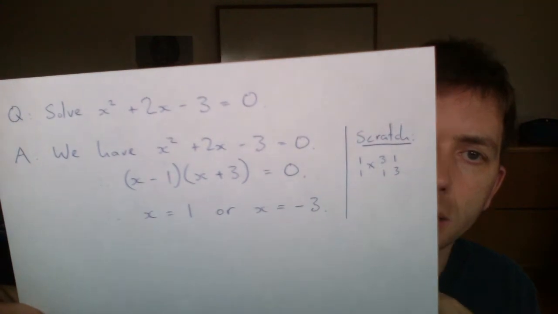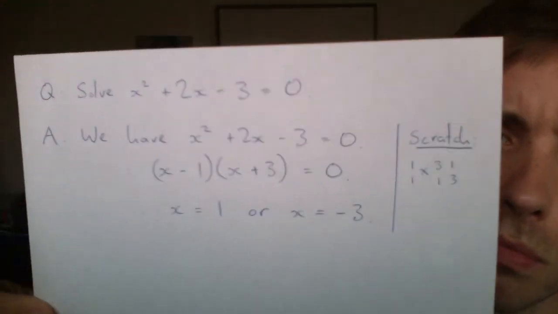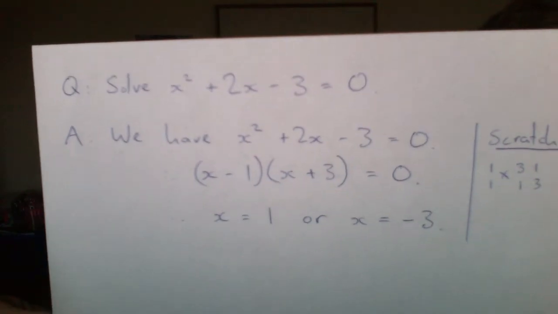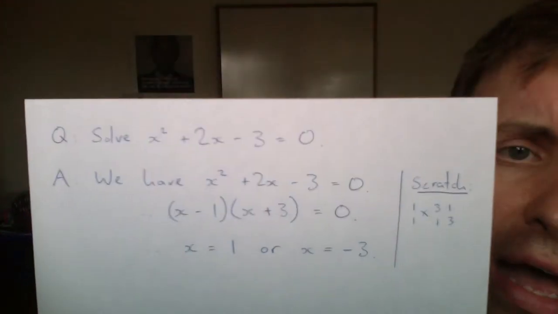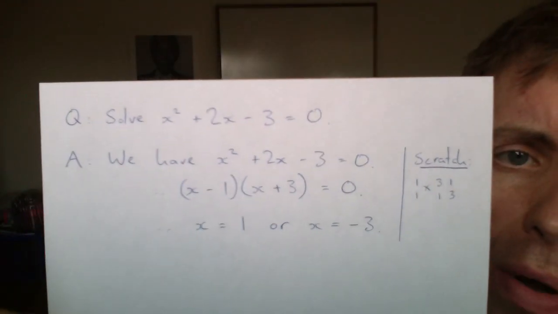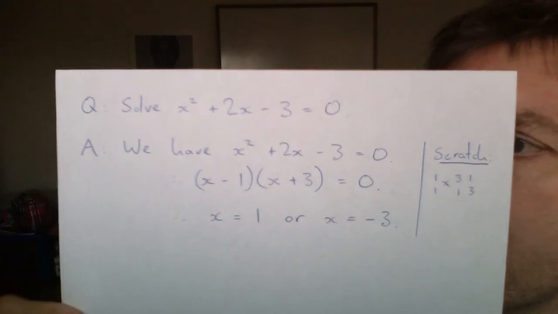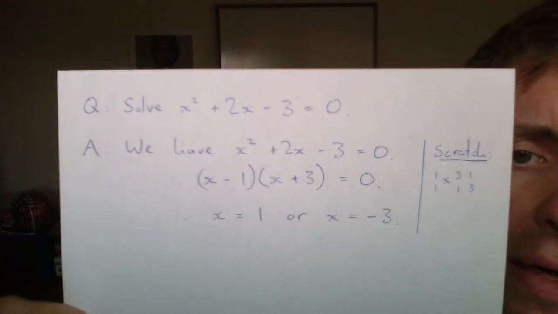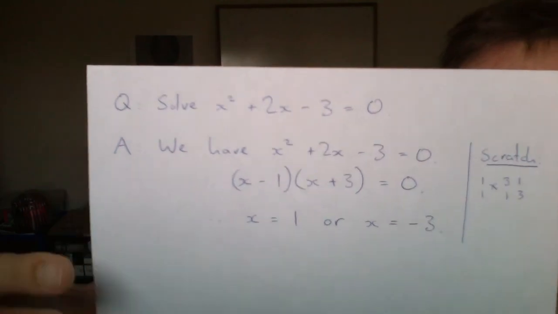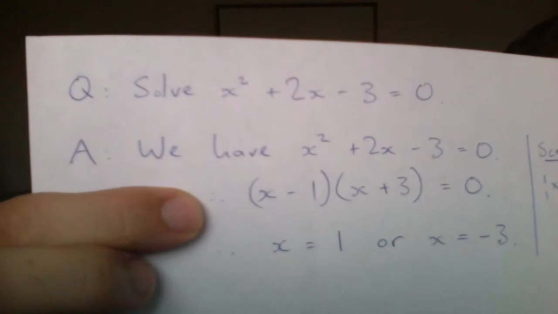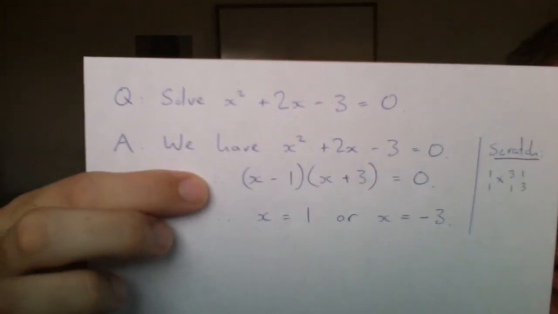So let's take a moment to look at this. We have x squared plus 2x minus 3 equals 0. I'm just reading this through together. Those three dots, if you can see them, they mean therefore.